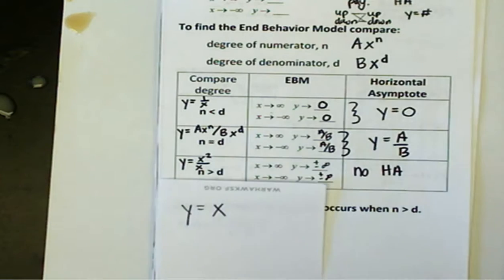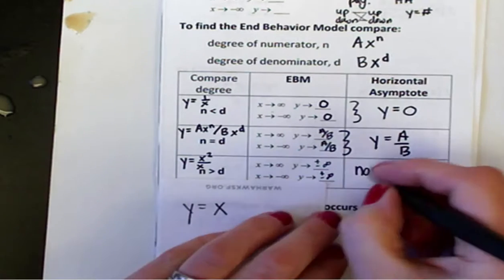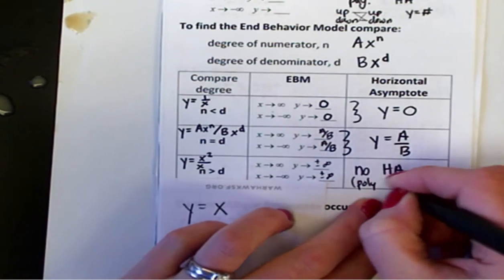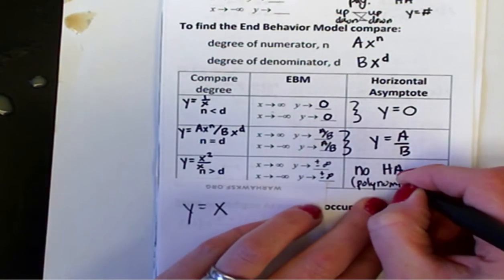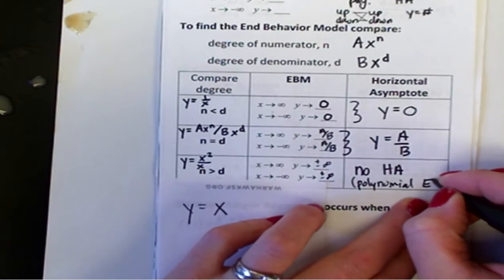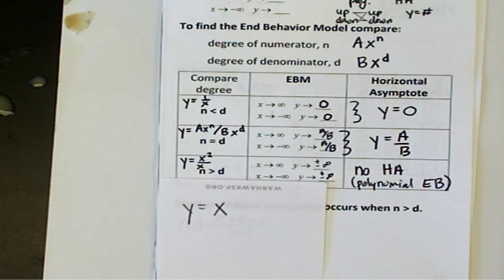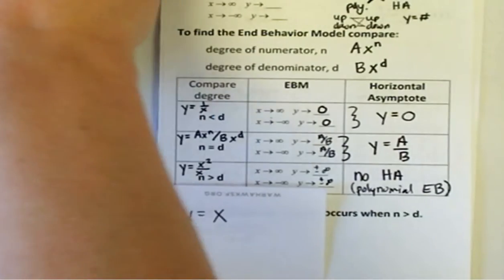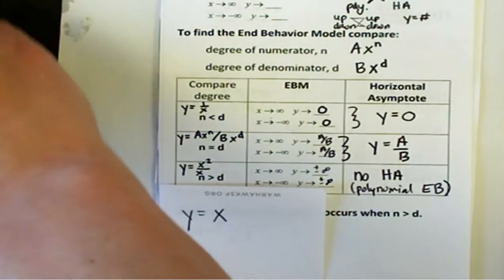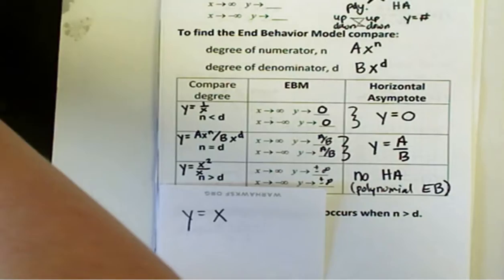Good catch. Hold on. Check in. Okay, so polynomial end behavior. It turns into polynomial end behavior instead. This thing has two names.